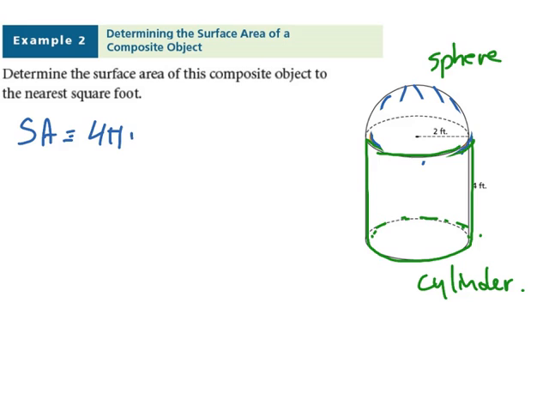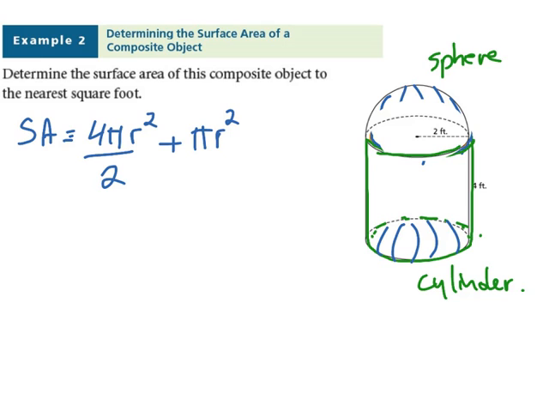However, for a hemisphere it is half of that. We also have the circle at the bottom of the cylinder, so that is plus pi r squared.